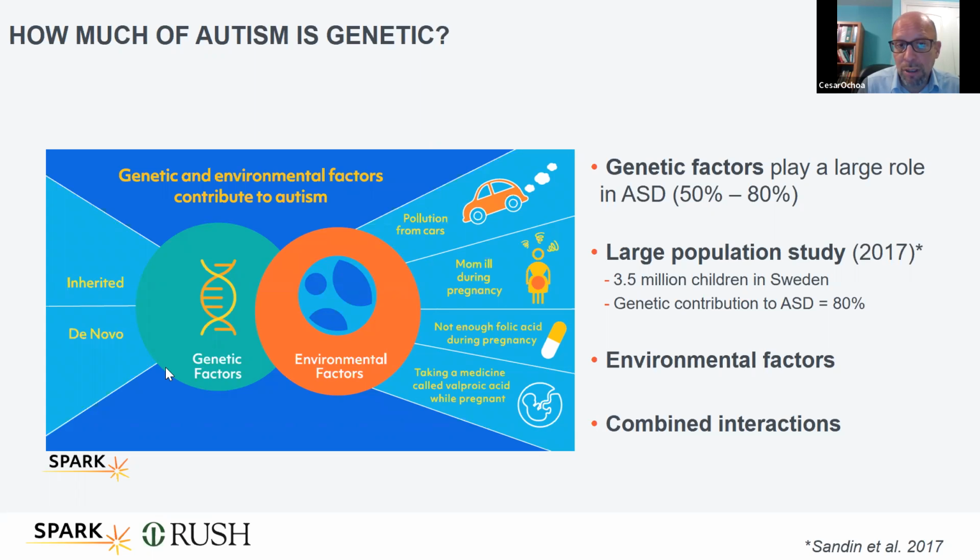The lack of folic acid during pregnancy may be a risk factor. The mother having some medical problems. And some people talk about pollution from cars as a possible factor, but we don't know the extent, and it looks like there's a lot to learn. So hopefully in the next few years, looking at those study results, we'll be able to have a better sense of that.